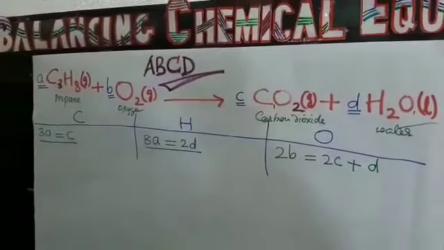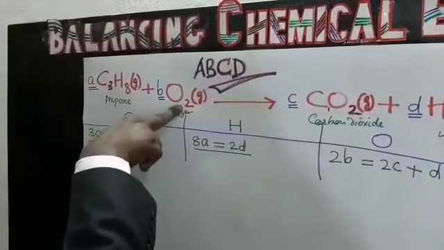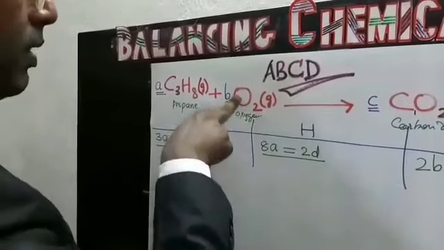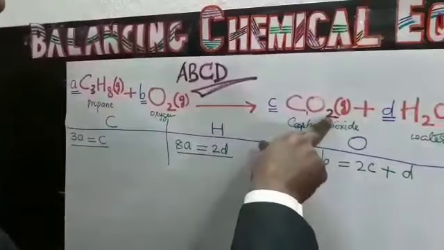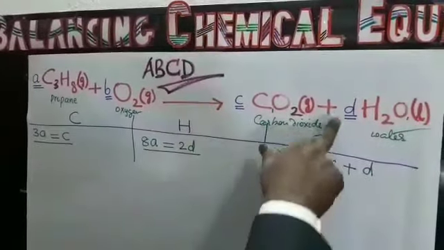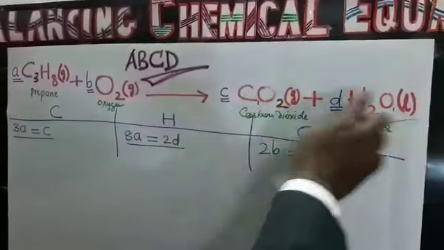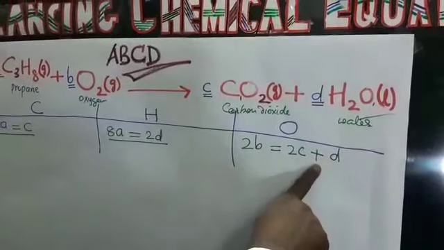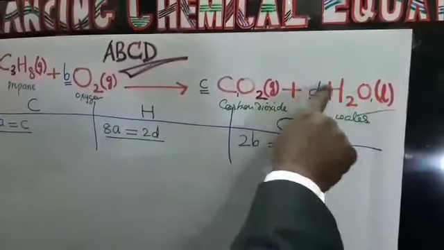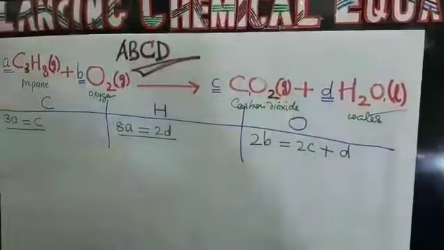Oxygen is present in O2, so 2B. Then 2C, plus oxygen is present in 2 places, so we give a plus sign here: D into 1, that is D.